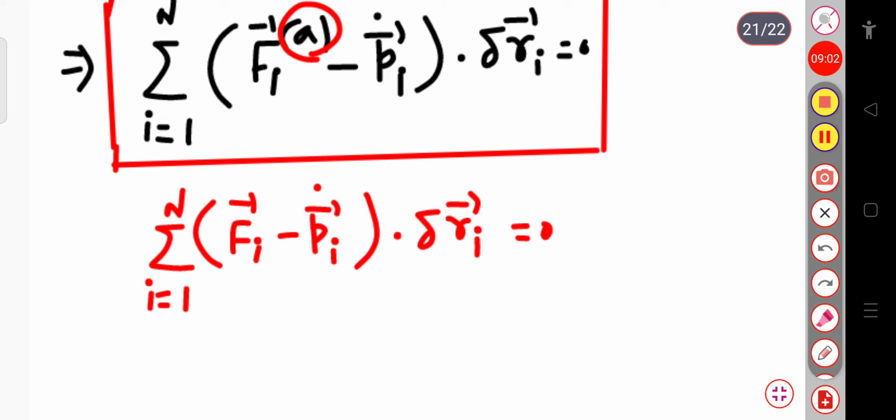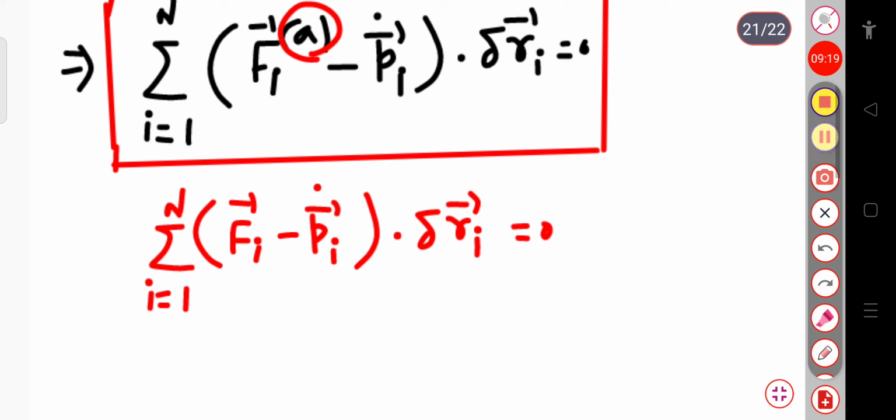Here I am just dropping the superscript because there is no force of constraint, or simply the total force is equal to the force applied. So I am just denoting this total force as Fi, that is the force applied.